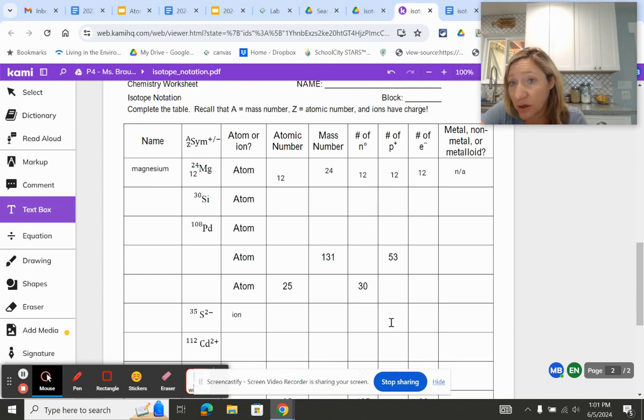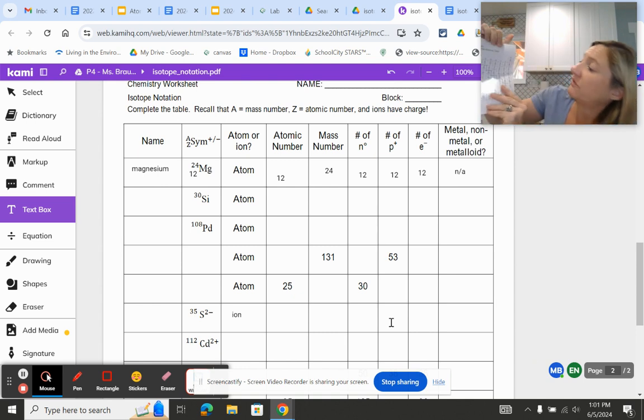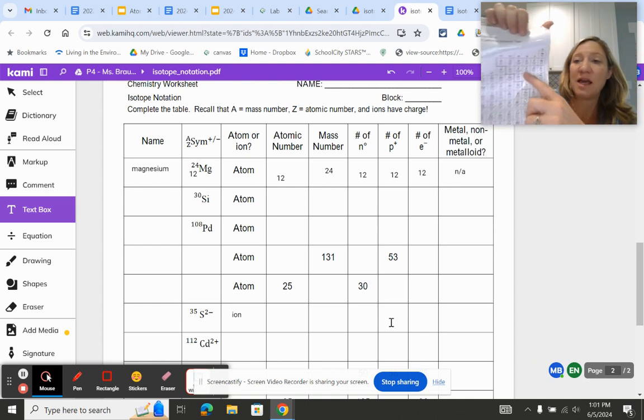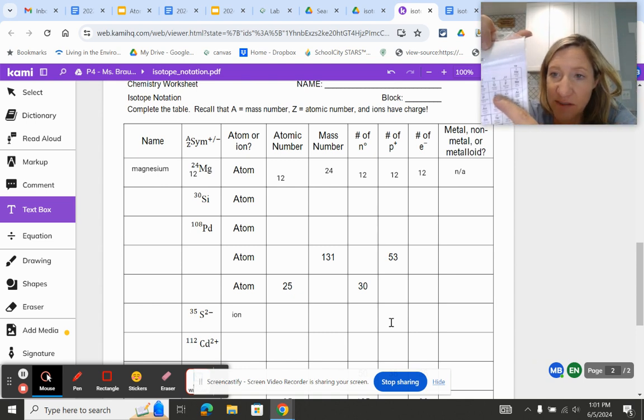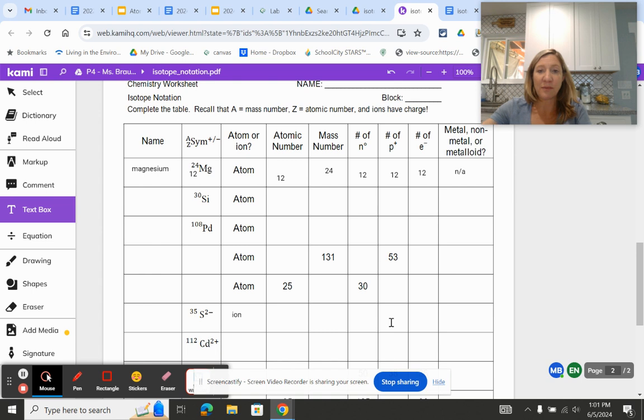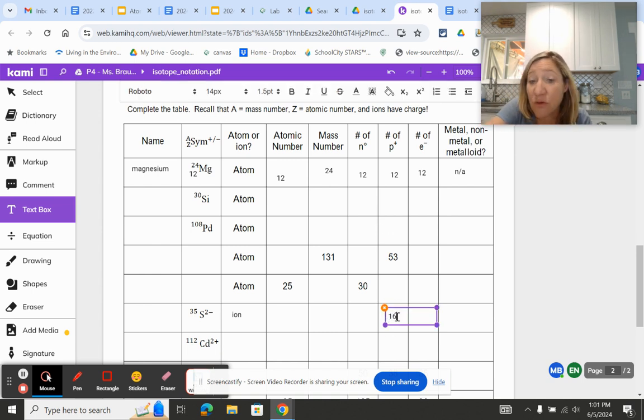So this is sulfur. And if you don't have the atomic number memorized, which I wouldn't think that you would, we'll just come over here and find sulfur. Here it is, S. And on top there, it says 16. So that means I have 16 protons. Now, normally, if this was an atom, I would have 16 electrons as well, but it's not an atom here. It's an ion.